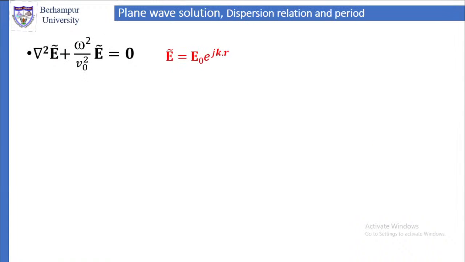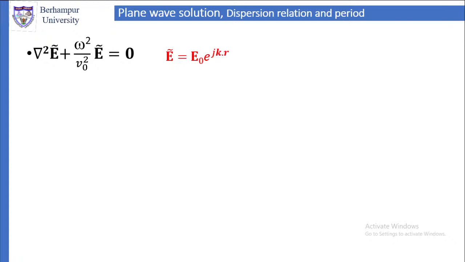Now, we'll come to the solution of the plane wave and dispersion relation and period. Then we'll take a break. Now, E tilde must satisfy the wave equation del square E tilde plus omega square by V0 square E tilde is equal to 0.